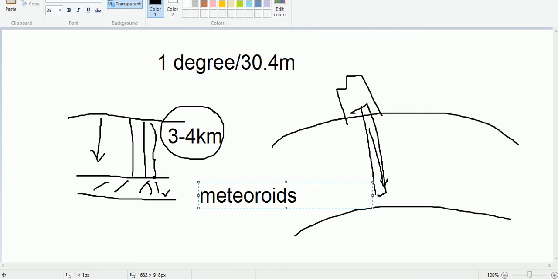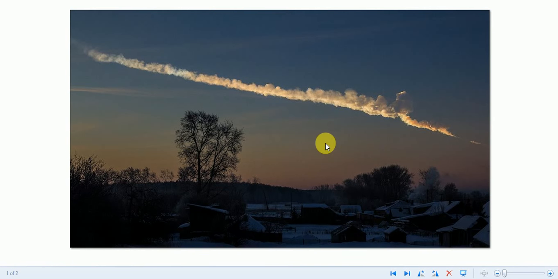These are big lumps of rocks moving in space, and they are orbiting around the sun also.